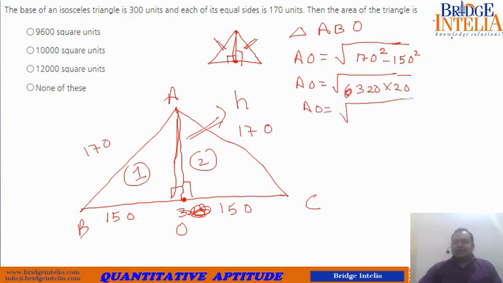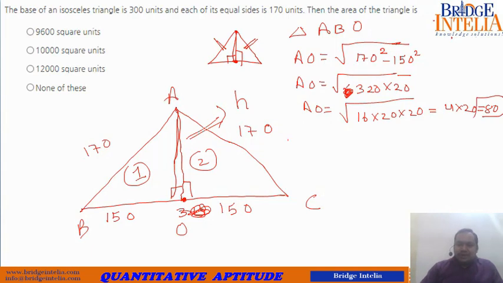See, these are small strategies that you can employ if you are not able to solve this in one go. So 320 is 16 into 20 into 20. If you solve this root, it will come out to be 4 into 20, which is 80. So the altitude or the height of the bigger triangle comes out to be 80.